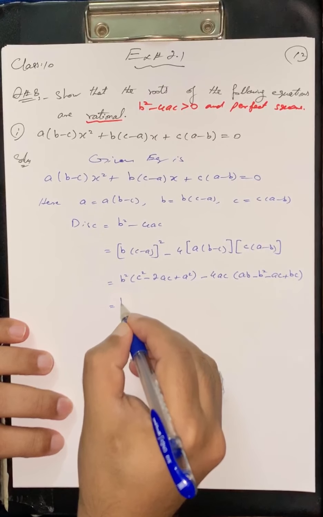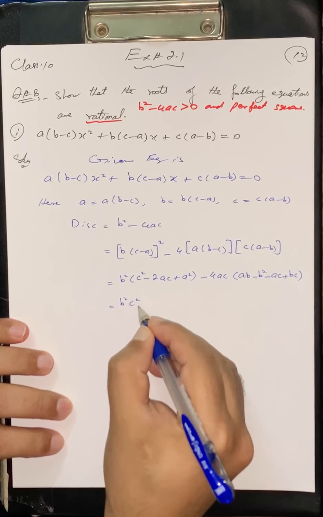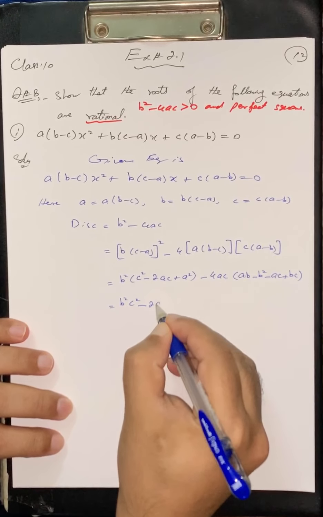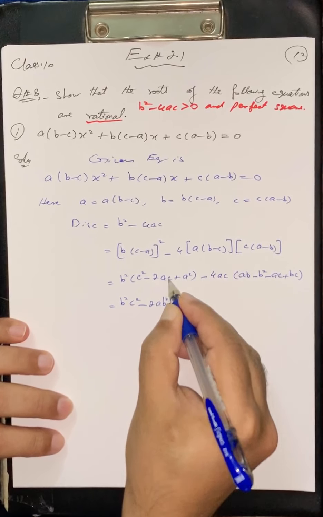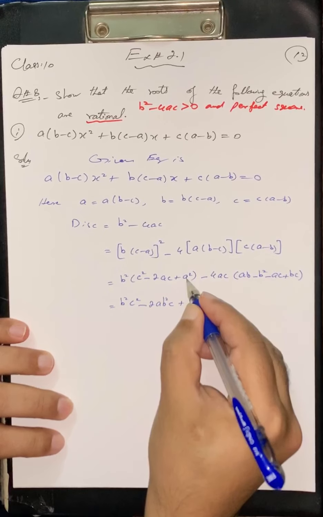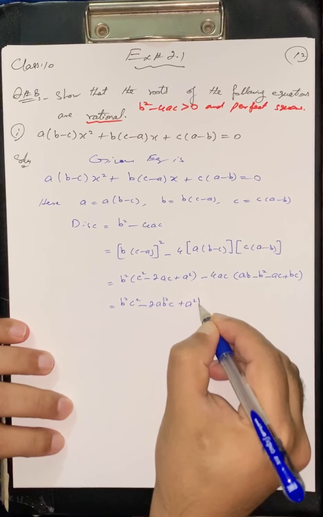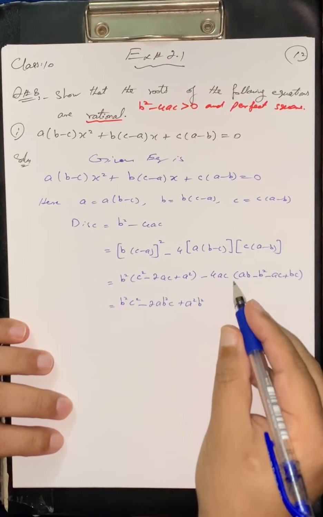Multiply b square inside, it gives me b square c square minus 2ab square c plus, multiplying b square with a square, it gives a square b square, in alphabetic form.